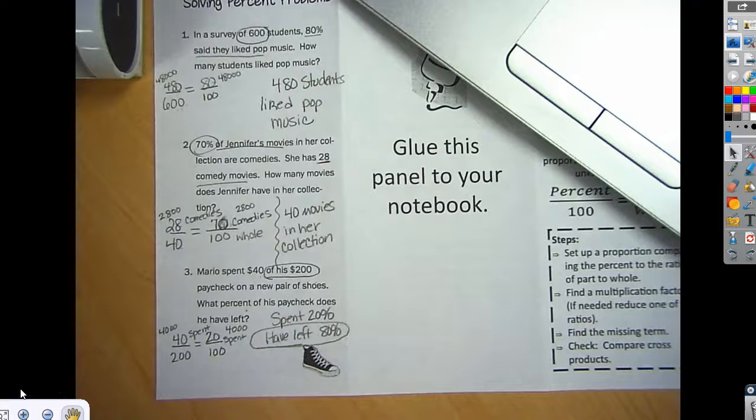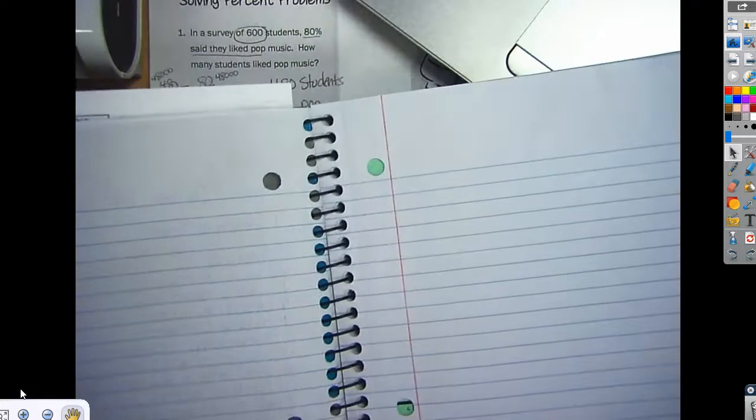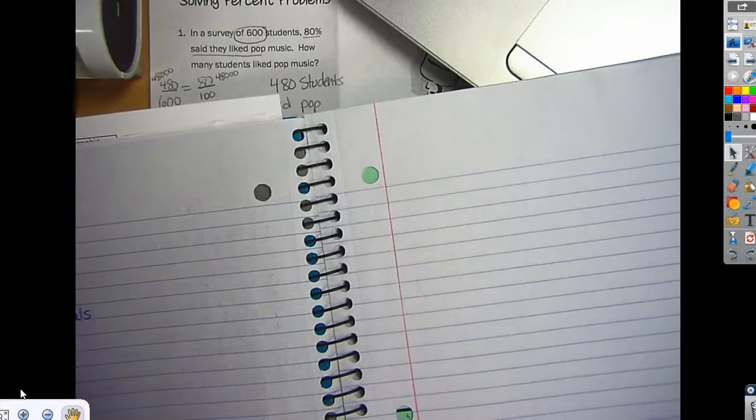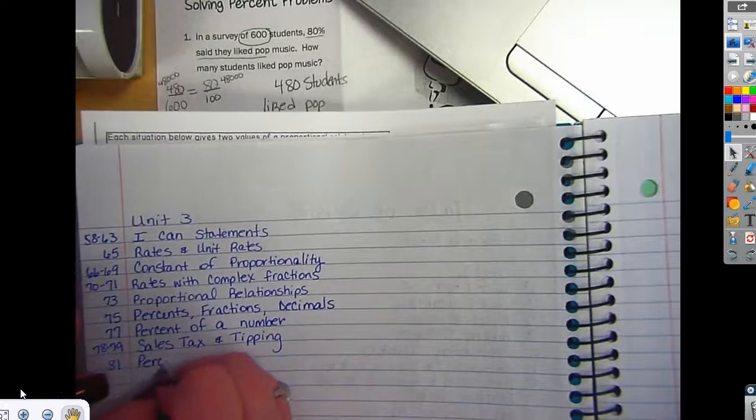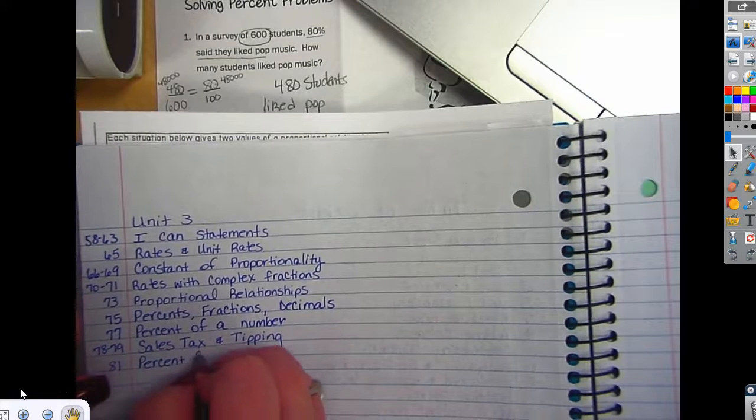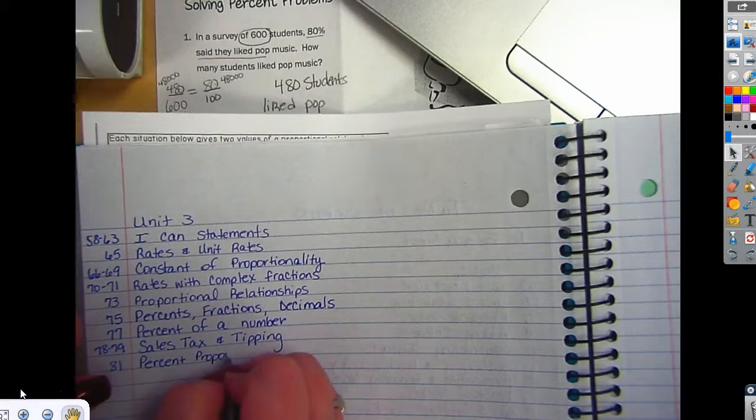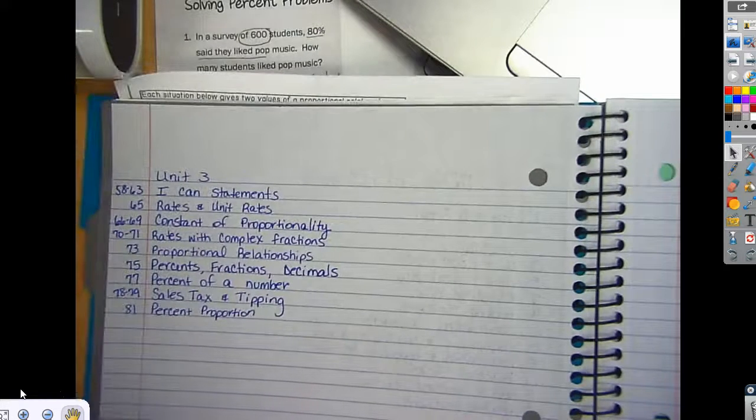Okay, let's put this in our journal. What are our next 2 available pages? So on 81, percent proportion on 81. The percent proportion on 81.